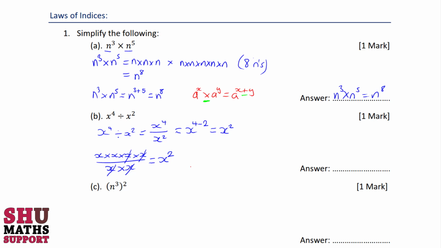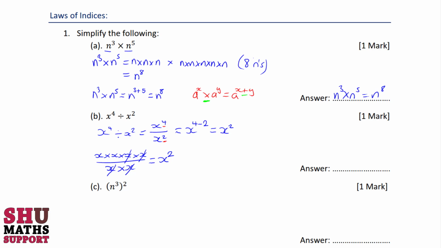So we can sort of say to ourselves, well, when we times them together, we're going to use addition and we add the powers together. But if we're dividing, then we need to use subtraction and we need to subtract the powers. So that's why x to the power of 4 over x to the power of 2 is equal to x to the power of 4 minus 2, as we have this 4 minus this 2, and then that obviously gives us x squared.